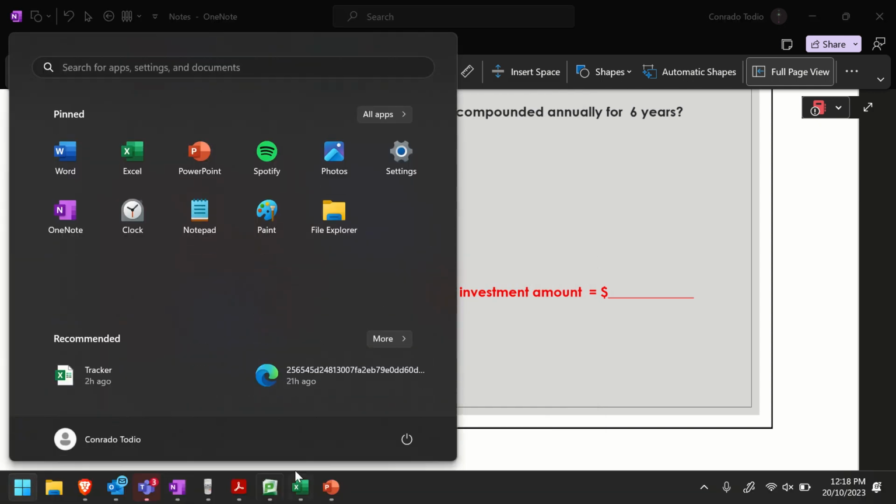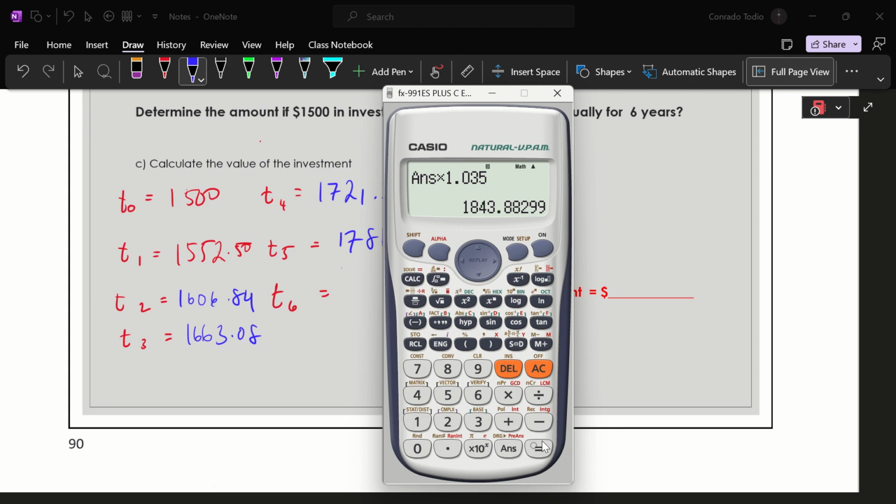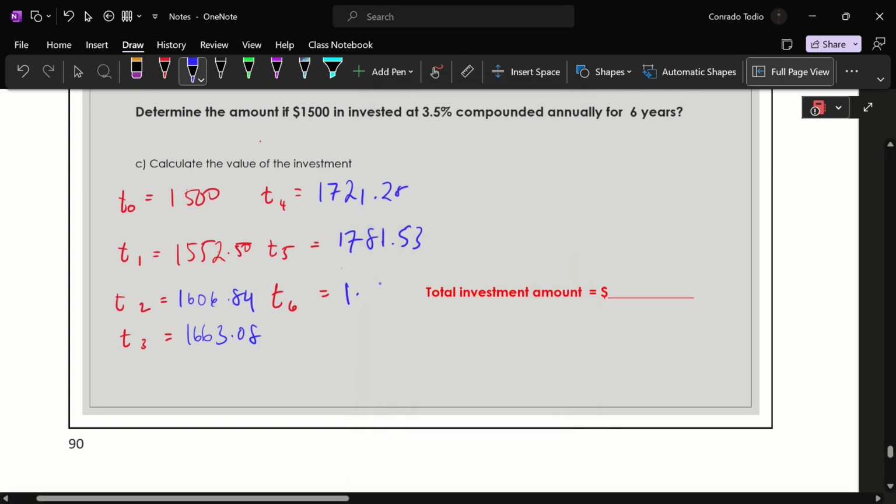So in the end, after the 6th year, this guy should have 1843.88. So the total investment in the end is 1843.88.